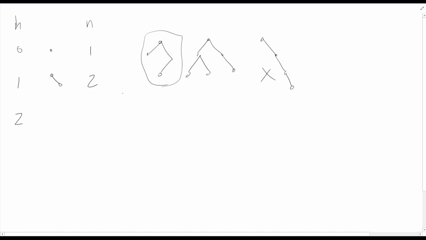In fact, what we can actually start doing here is realize that to make the sparsest one of height 2, I'm going to pick a new node, and on the left-hand side, I'm going to take the sparsest one of height 0, and on the right-hand side, the sparsest one of height 1. Now I've guaranteed the height on this side is 0 and on this side is 1, so my AVL tree is satisfied for this node.